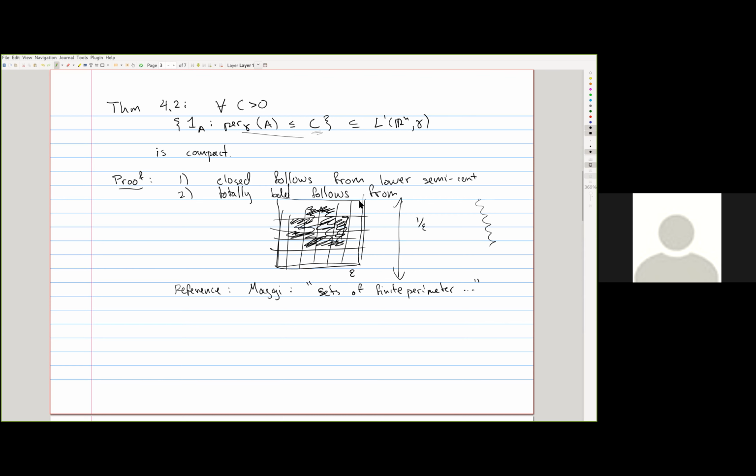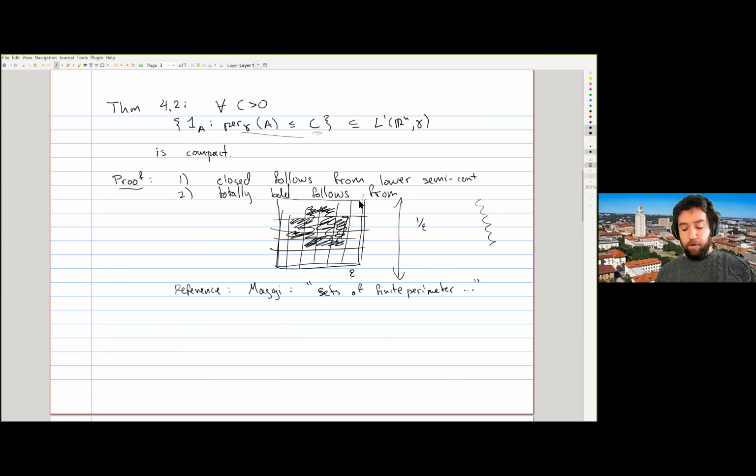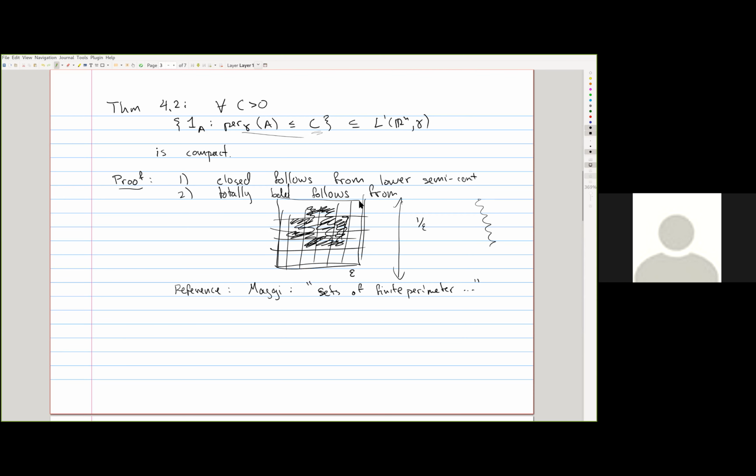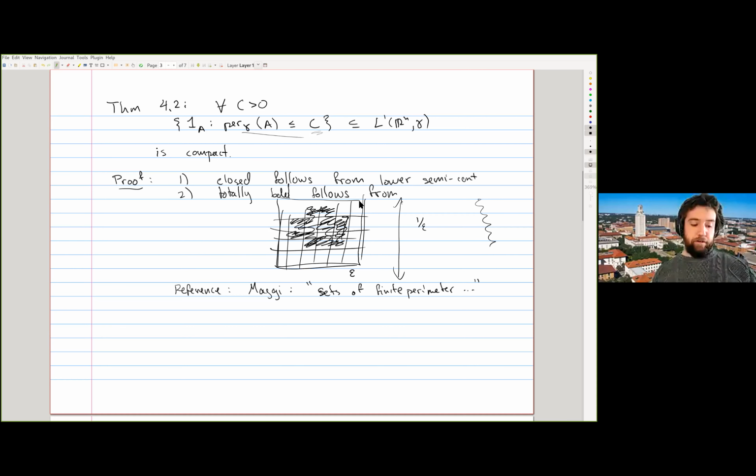It's in L1, right? No, it's the indicator of the set. I see. The amount of the set that's outside of this box is tiny. That's right. As epsilon goes to 0, then in measure, it's nothing. Okay, that makes perfect sense. Yes, totally bounded with respect to the L1 thing.